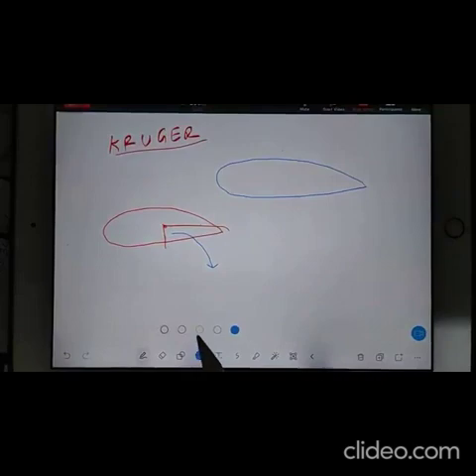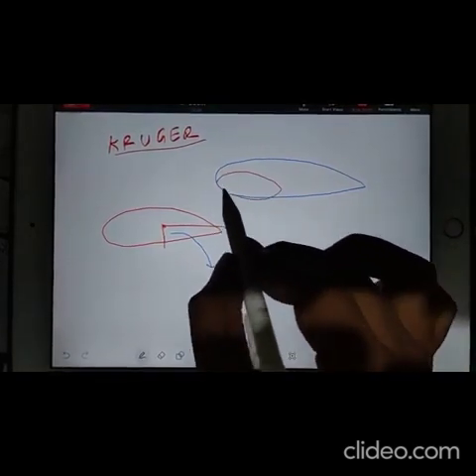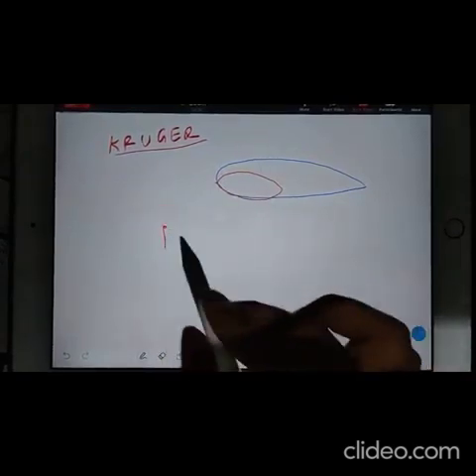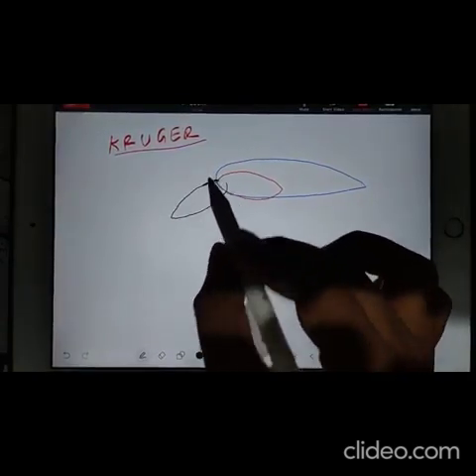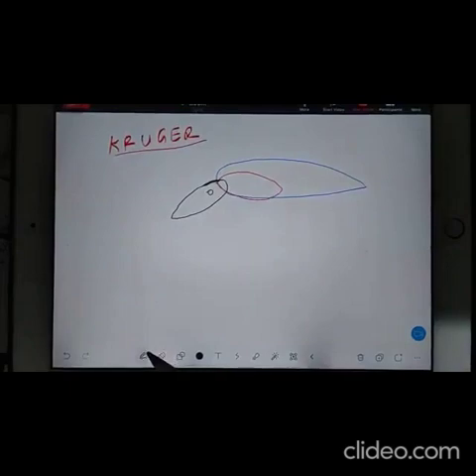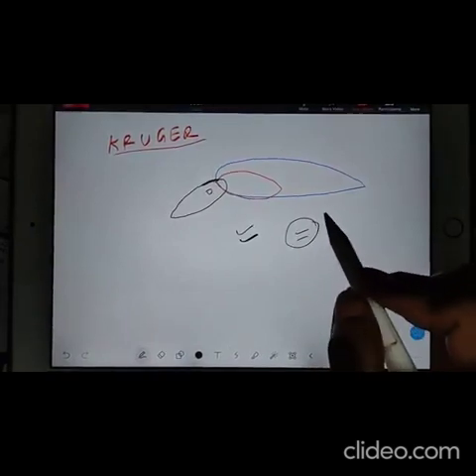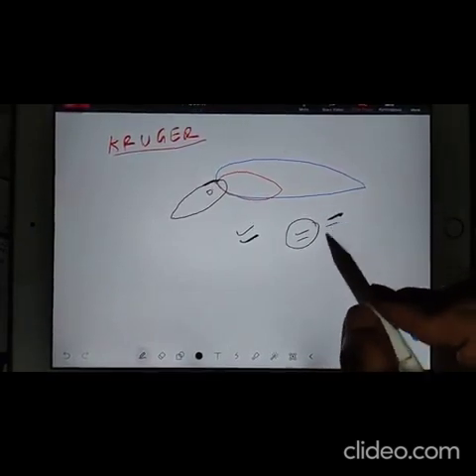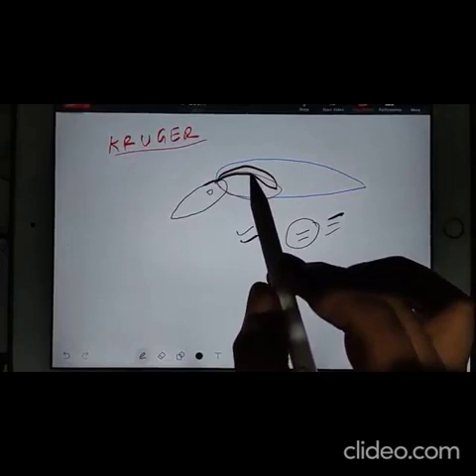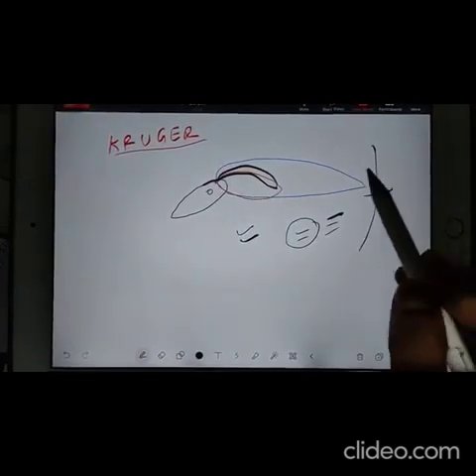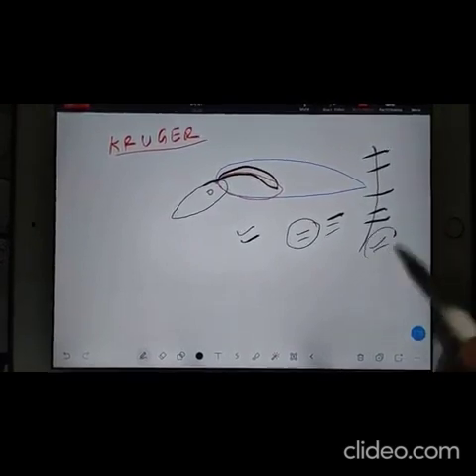Cruiser flap is similar, but for the front you cut like this, and after the cutting you deflect. How? You will deflect like this in the front direction. So that's all. It is very similar to leading edge flap, but whenever you are designing, you can cut here, you can cut here. So manufacturing thing is different. Even after this you have several types of flap, but our work is to deal with the basic designs.